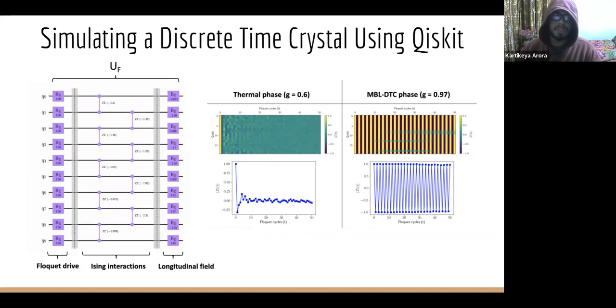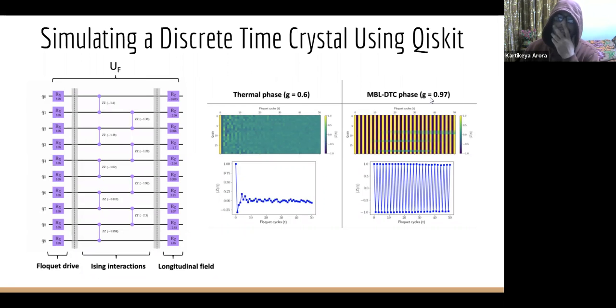We have a parameter here that we can adjust, given by G. When its value is say 0.6, we have something known as the thermal phase. Let's say we have an observable Z, it starts at some value 1, and with time it oscillates dynamically, and basically saturates to a constant value after some time. This process is known as thermalization.